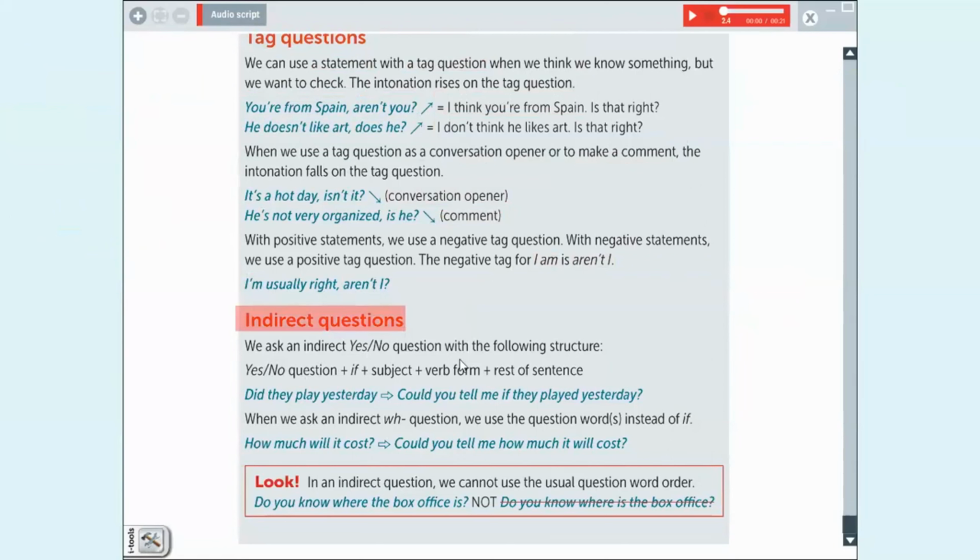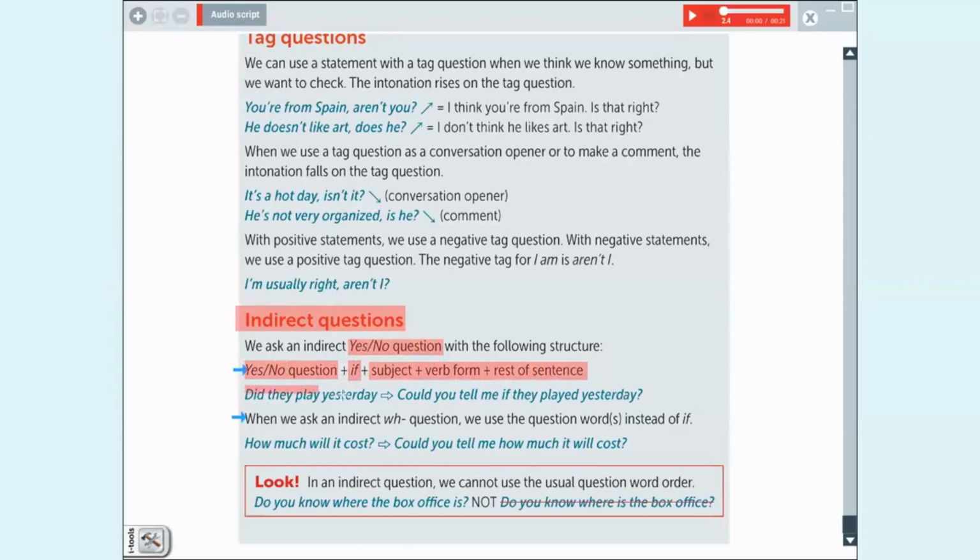Because we have two types of questions, the yes/no questions and the information questions, we need to recognize the way that we can create both. We ask indirect yes/no questions with the following structure: the yes/no question, if, and then a clause: subject, verb, and the complementary information.